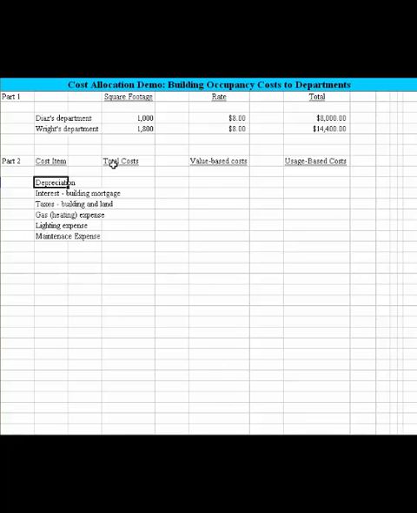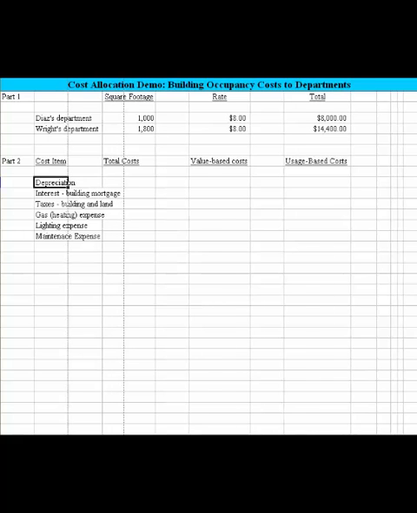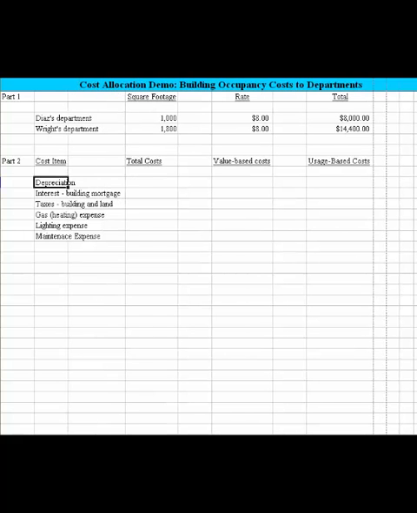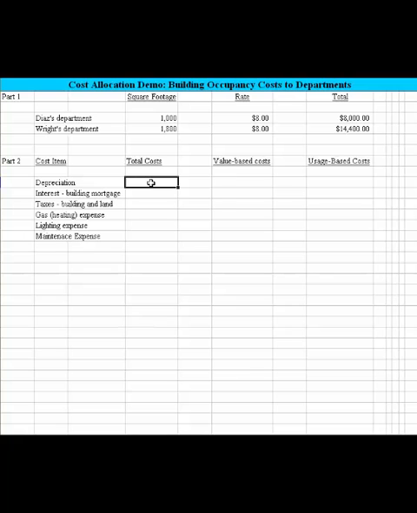Now we need to calculate the total cost. Let me make this one a little bit bigger so that it'll stay on the screen. I'll shrink some of these columns here that we don't need. The total cost of depreciation was $18,000. Interest was $27,000.